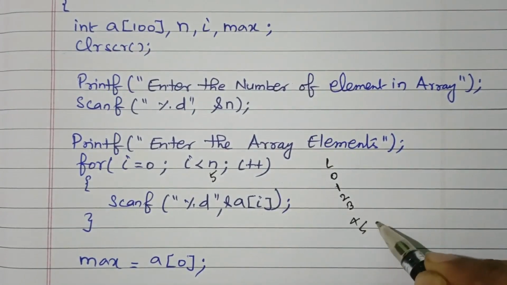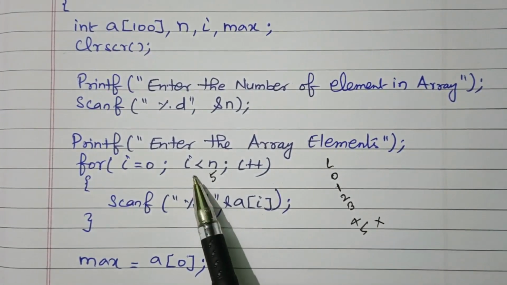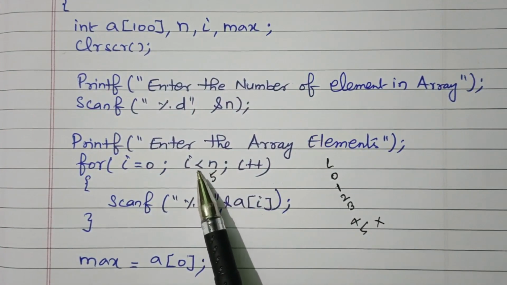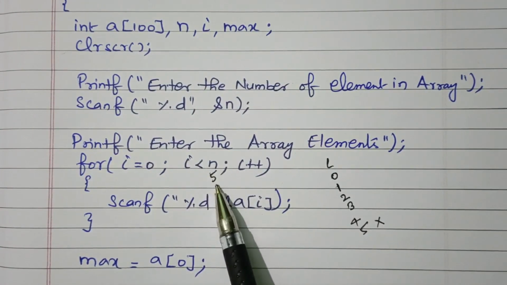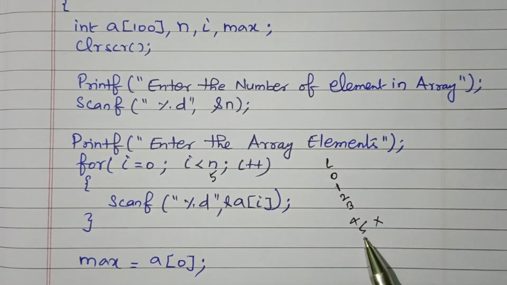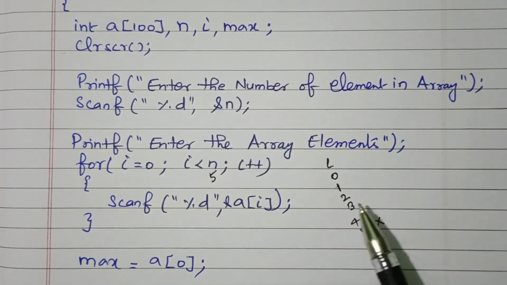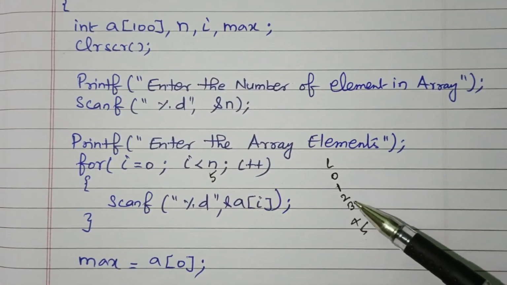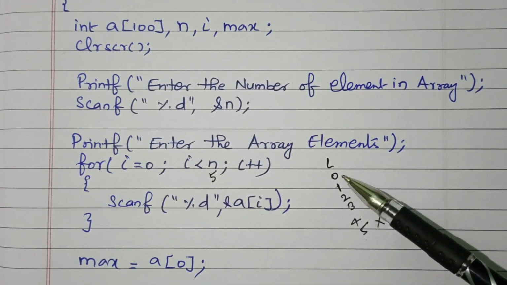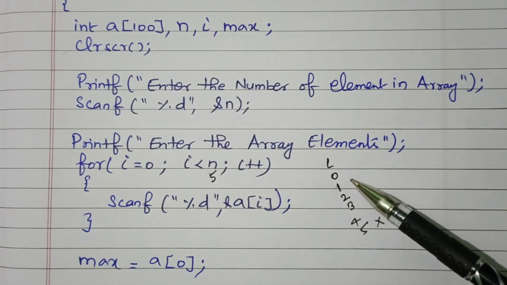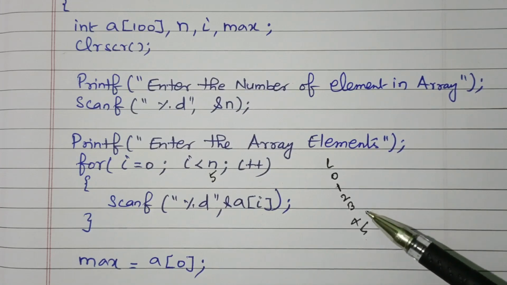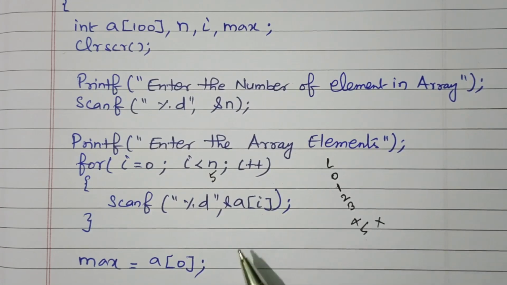If it is a[5], the condition is false. i should be less than 5, right? The n we assumed as 5. So it will execute 5 times: 0, 1, 2, 3, 4. The numbers are stored in a[0], a[1], a[2], a[3] and a[4]. Then it will terminate.